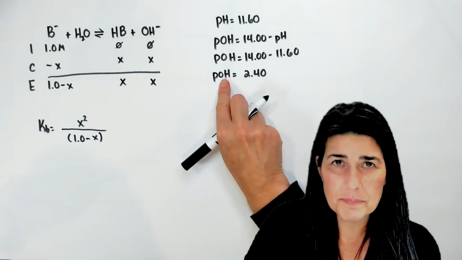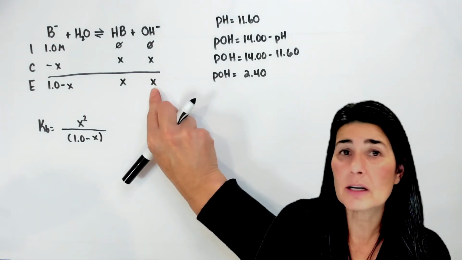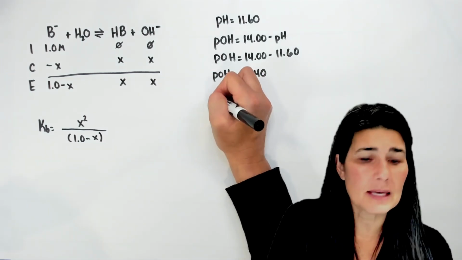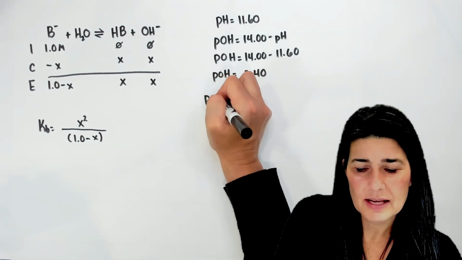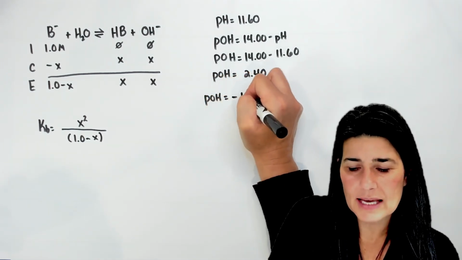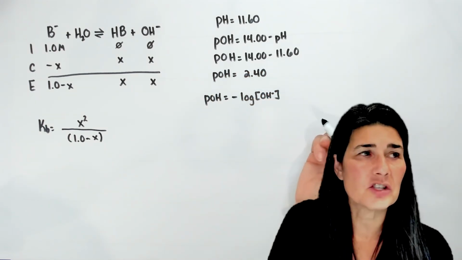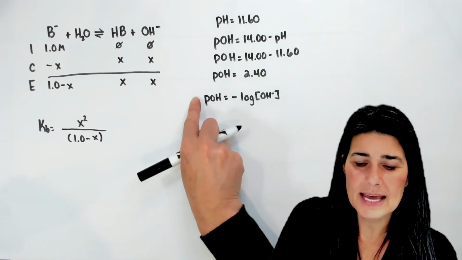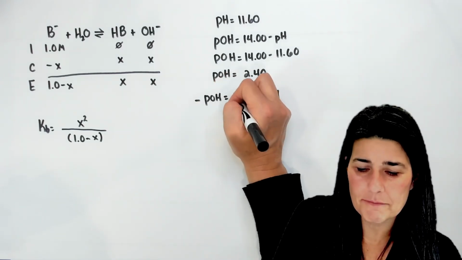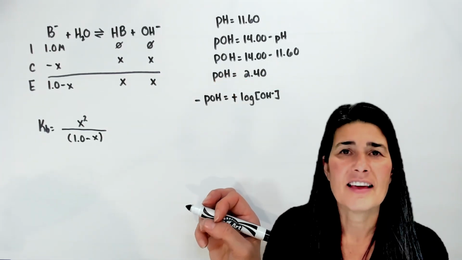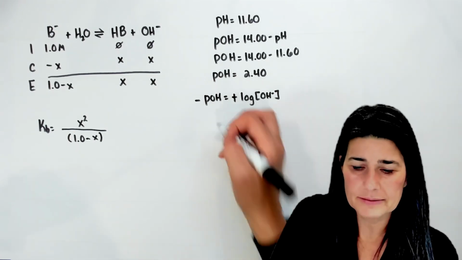Okay, now how does that help? We can use the pOH to find our OH. So we're going to say the pOH is equal to the negative log of the OH minus concentration. I'm going to take my negative over. Negative pOH is positive log of OH minus, and I'm going to inverse log that.